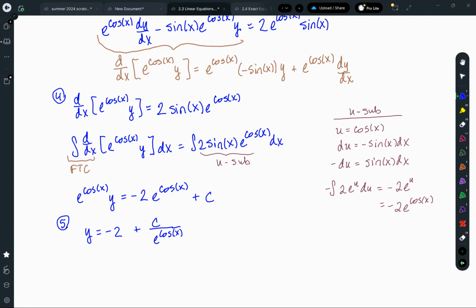this fraction on the right-hand side, the c over the e to the cosine of x, I'm just thinking about it now. We were not asked for transient terms at all, but e to the cosine bounces between e to the -1 and e to the 1. What that means is that when cosine gives us back a negative value, this fraction is going to be big because e to a negative number ends up going to the top.